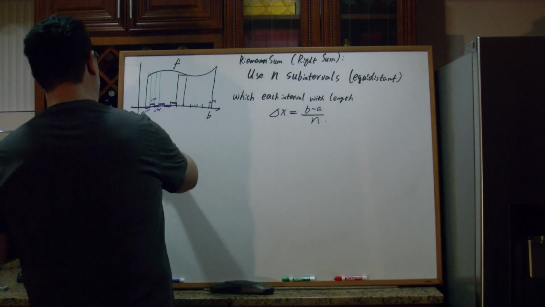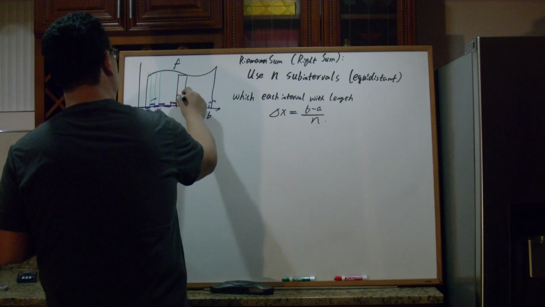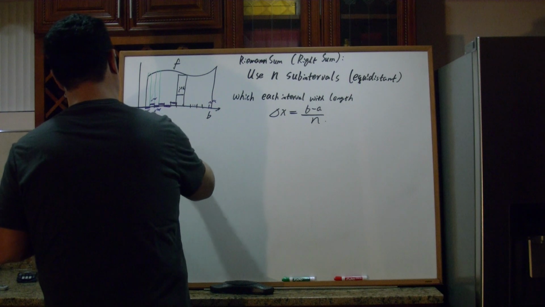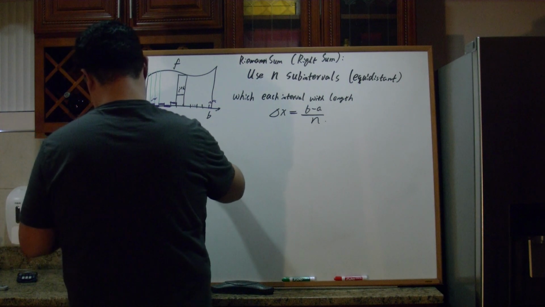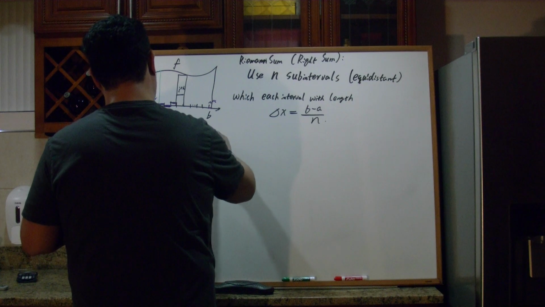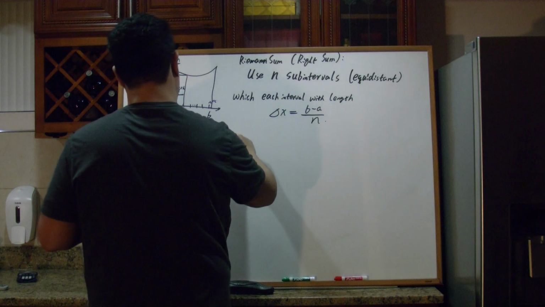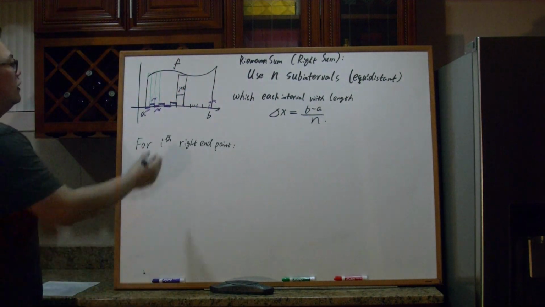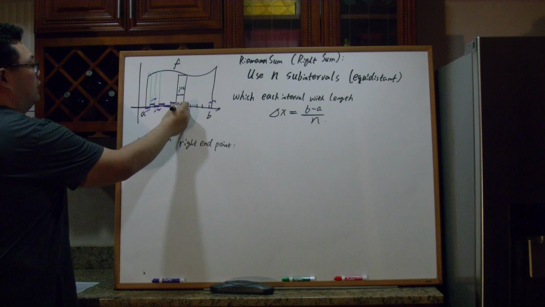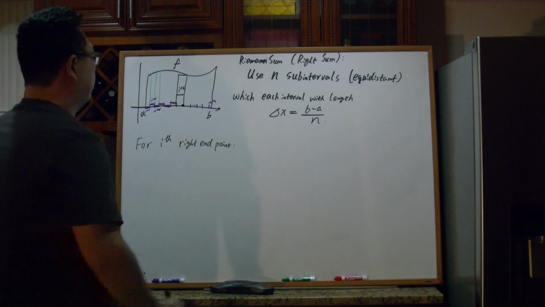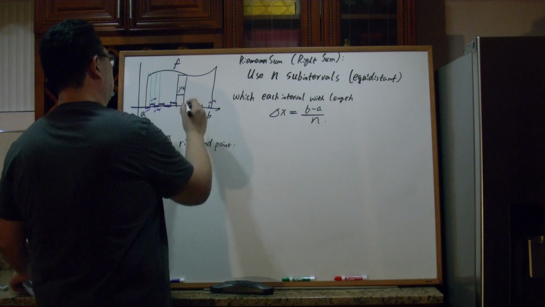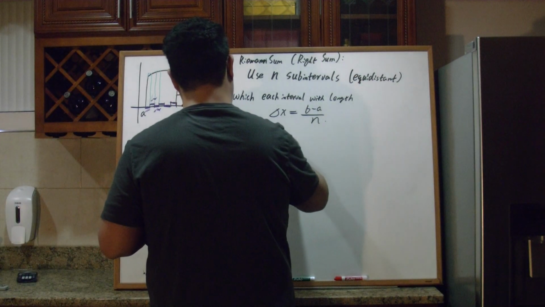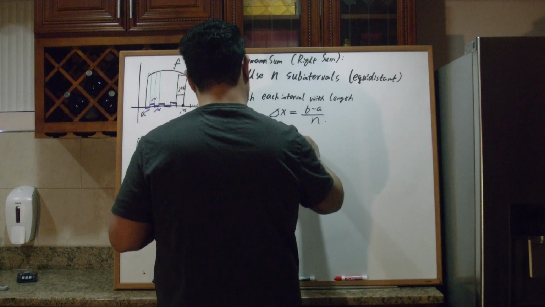Then for the ith subinterval, the right endpoint, this point, x sub i, equals a plus delta x times i.